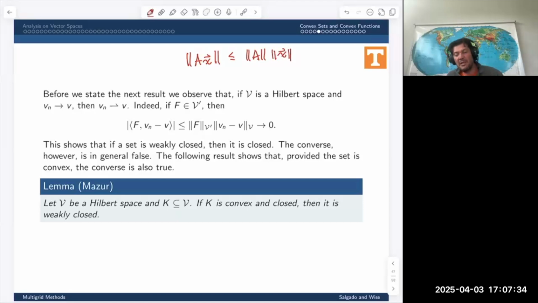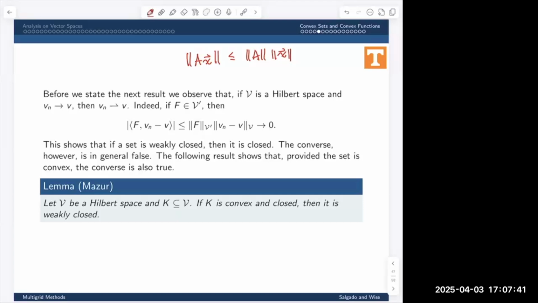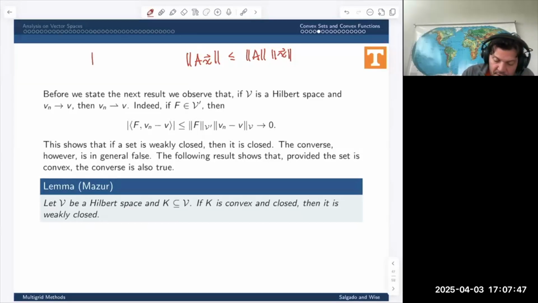Does anyone remember what we called this in linear algebra? Was that submultiplicativity or the other one? Consistency. This one's consistency, yeah. So the submultiplicativity was this one.